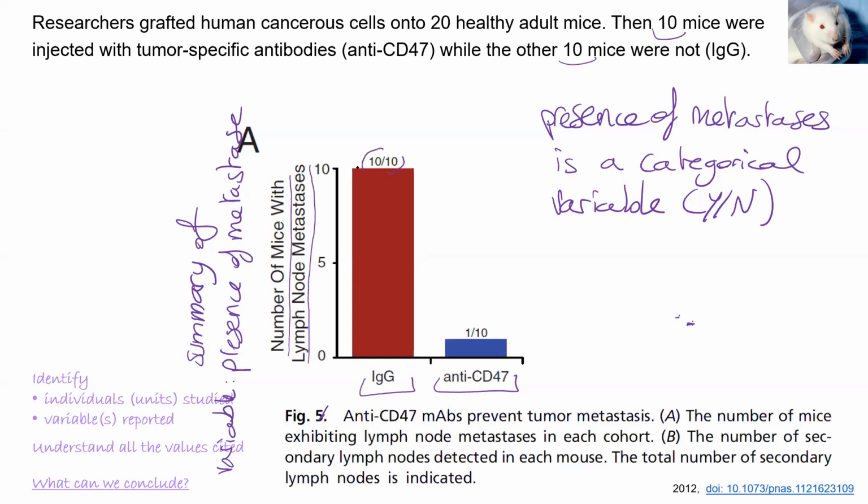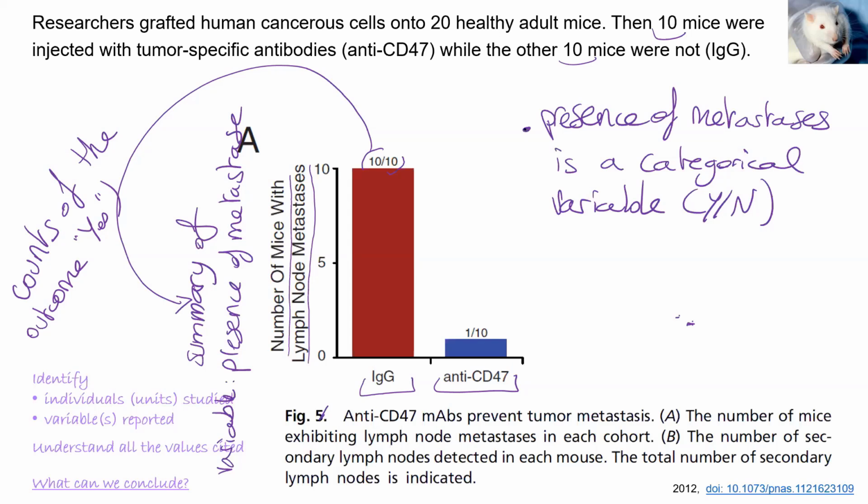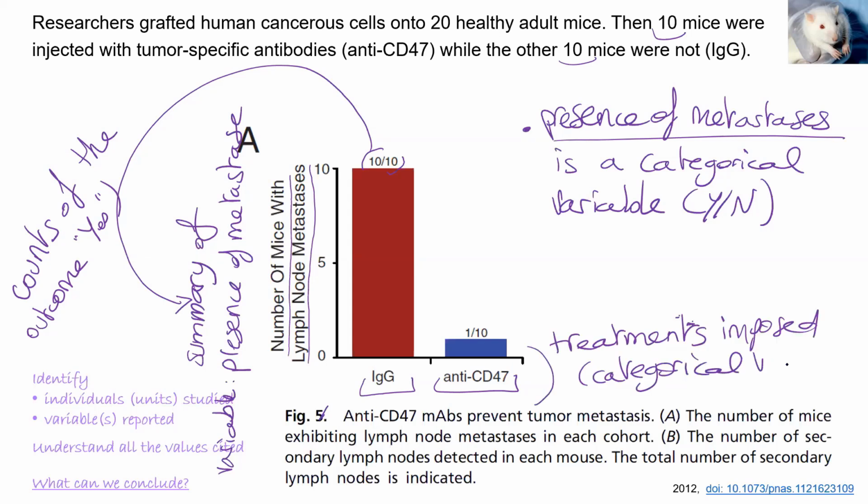And then we have the actual summary, so number of mice that do have metastases. So the summaries here are counts for the outcome, yes. So the main variable, the response variable, is the presence of metastases, categorical. And you can think of the treatments as another variable.